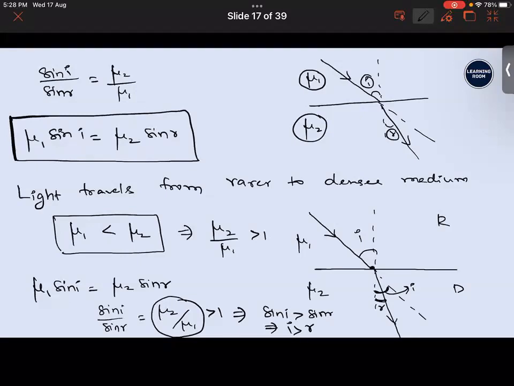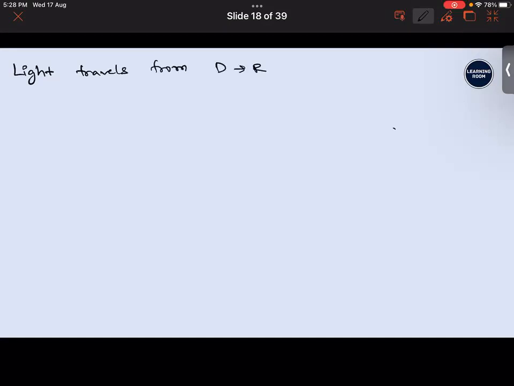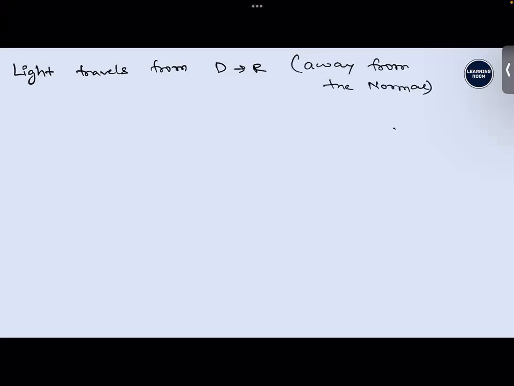Okay. So if you do the reverse analysis, that is when light travels from denser to rarer, what should happen? It will bend away from the normal. So the concept is very simple, okay?